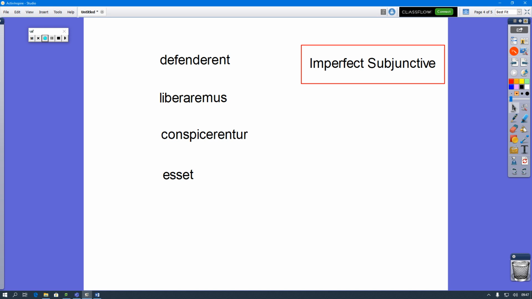And I can tell it's an imperfect subjunctive because each of these verbs is made up of an infinitive with the ending stuck onto it. Even the irregular verb esse, from sum esse fui. So as soon as you see an infinitive with a verb ending attached to it, you know straight away that is the imperfect subjunctive. And it's by far the most common subjunctive in Latin.